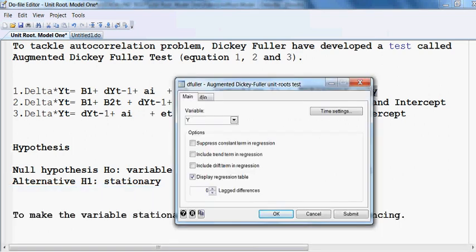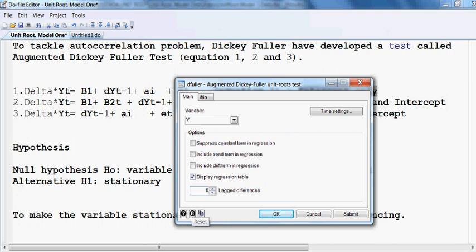Here I keep all three blank because my target is to check only the model having only intercept, and I choose lag difference 0.